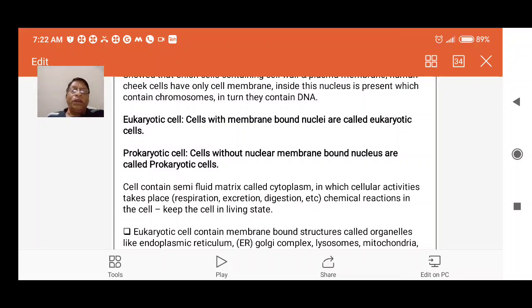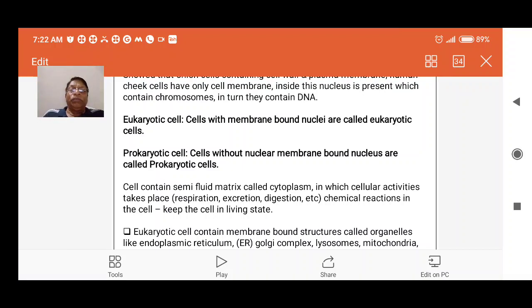Next, eukaryotic cell. Eukaryotic cell is a type of cell in which the nucleus or the nuclei is surrounded by a membrane, nuclear membrane, and also contains cell organelles.